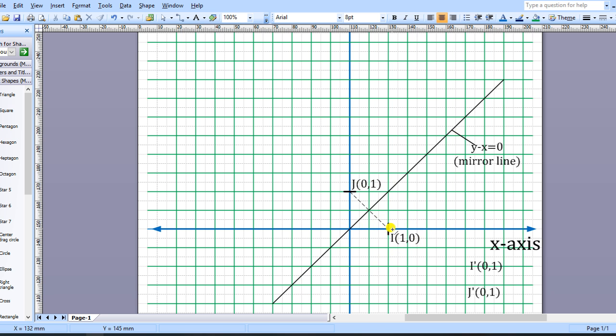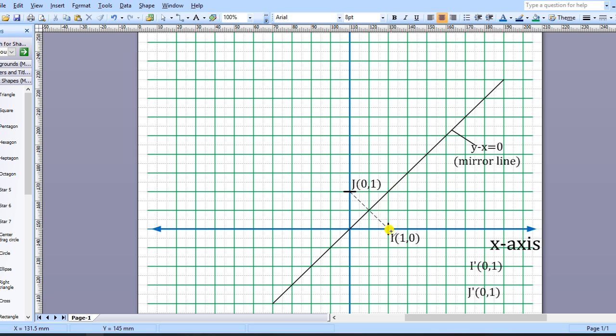One way is to measure the distance from this point to the mirror line, then measure the same distance behind the mirror line. It gives us the same distance at point J, so the image of I will be at J. And so I can conclude that I prime is going to be (0, 1).